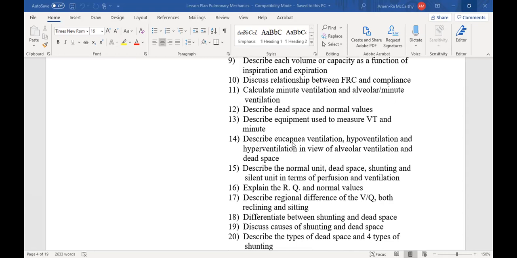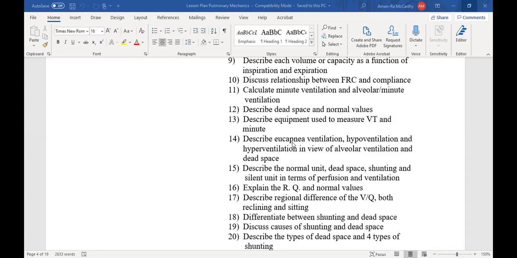What would eucapnia be? Normal what? Kinda, but what am I looking for? What's capnia? Capnia is ventilation, but what is it? What is the gas? CO2. Remember capnia and carbia? So eucapnia is normal CO2 level.